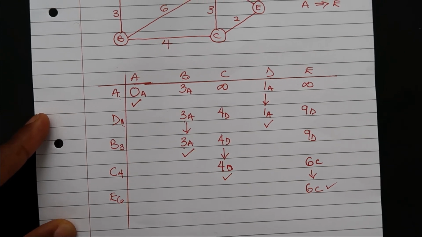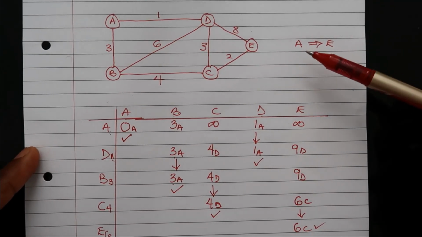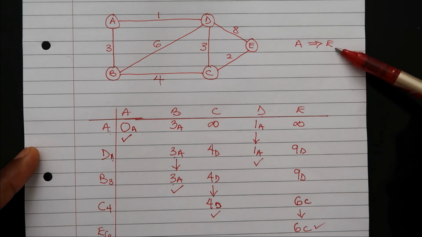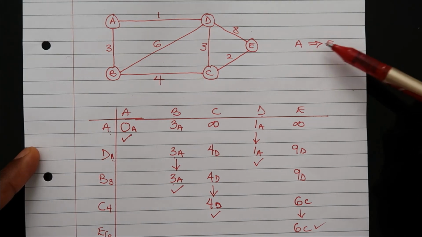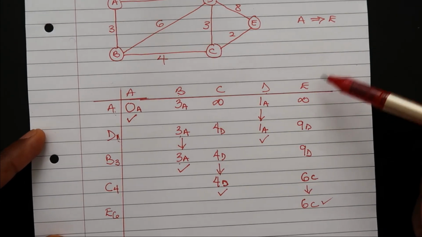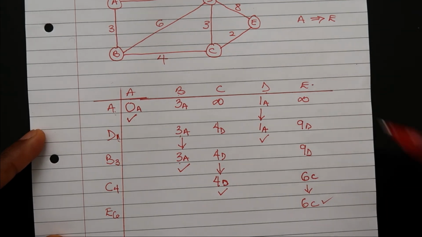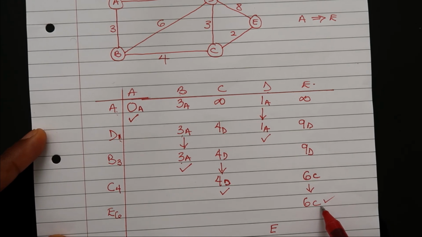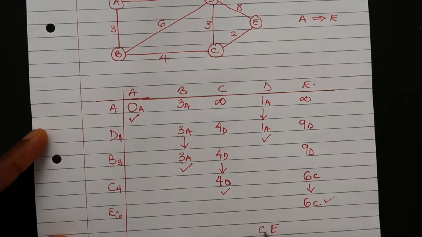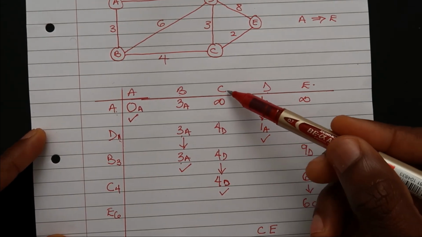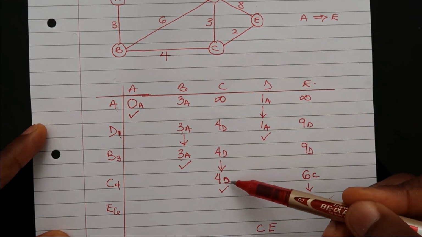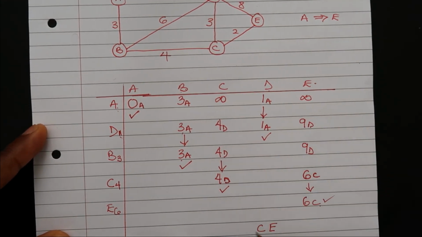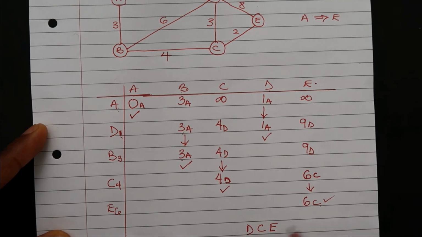So the best path from A to E, the shortest path from A to E is to get this. I'll just go to E there. I'll write my E there. Now best known path to E is C. I'll put C there. I'll go to C, and the best known path to C is D. I'll put D there.